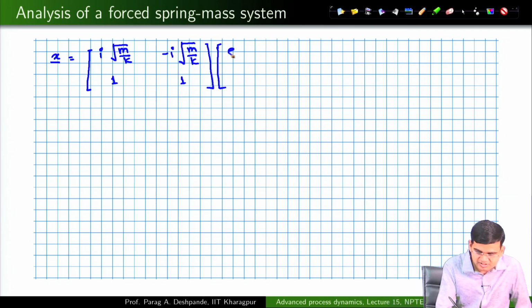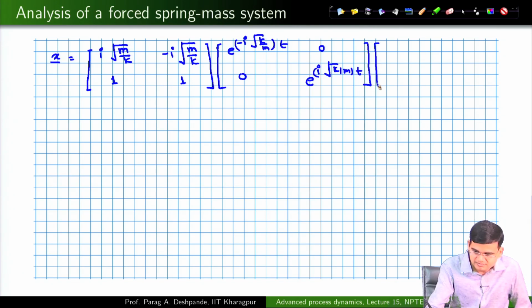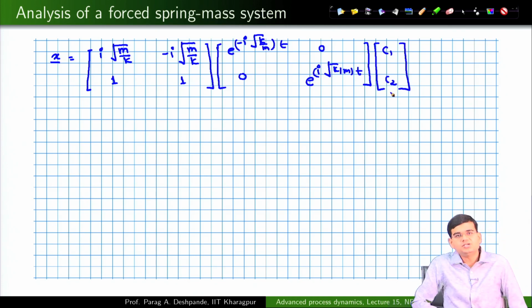E to the power lambda t was e to the power minus I root over k by m times t, 0, 0, e to the power I root over k by m t, multiplied by C 1 C 2. This is your solution, but it is not very elegant.